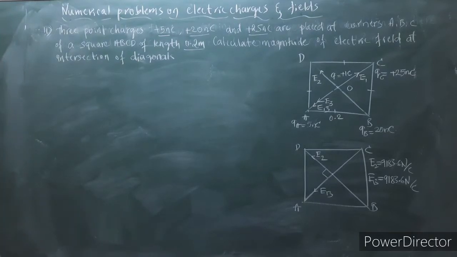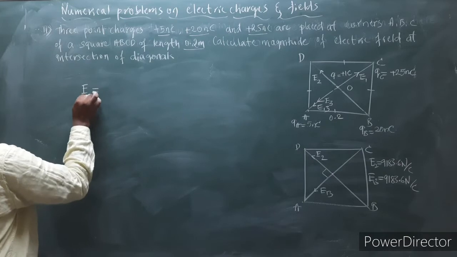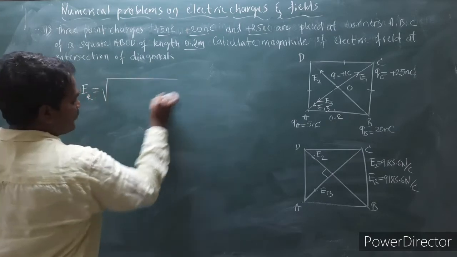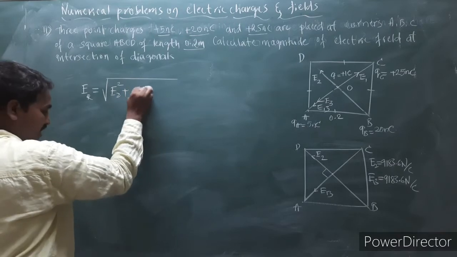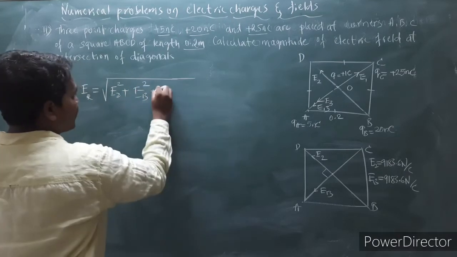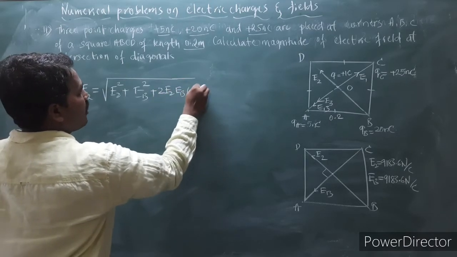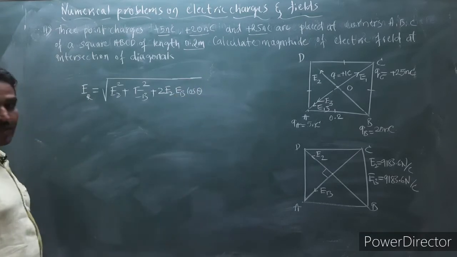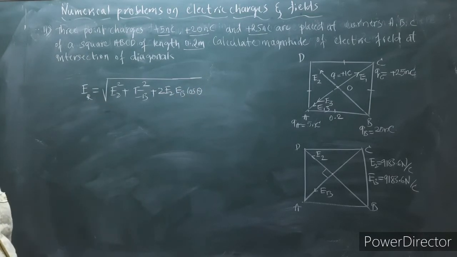So for the net resultant electric field, I have the formula: E resultant is equal to the square root of E2 square plus E13 square plus 2 times E2 into E13 into cos of the angle between those two vectors. This is the general formula to find the resultant of two vectors.